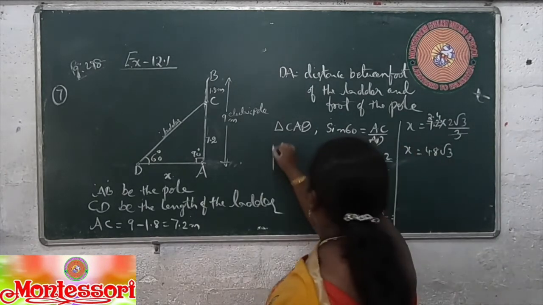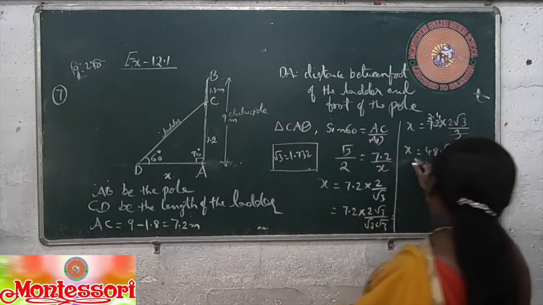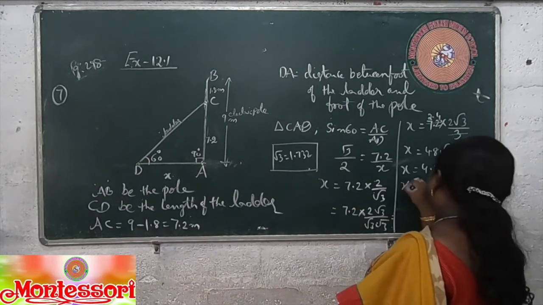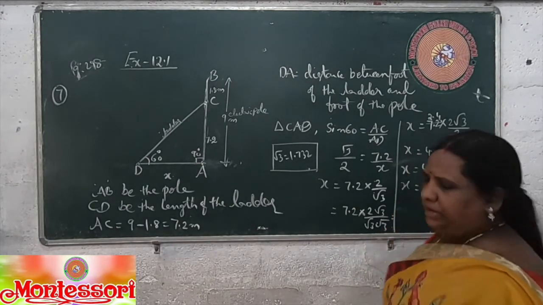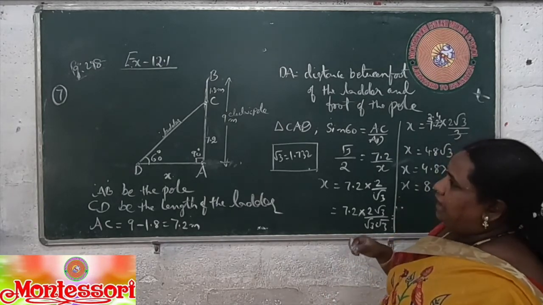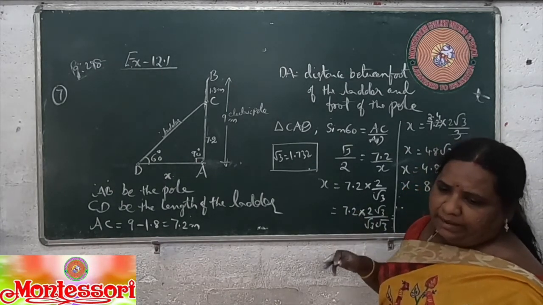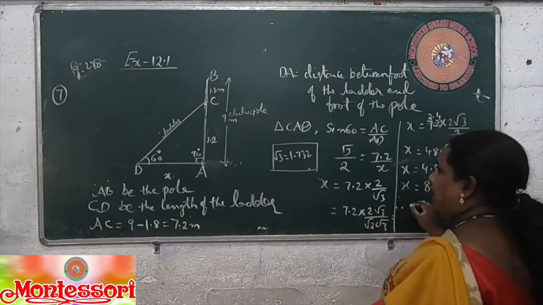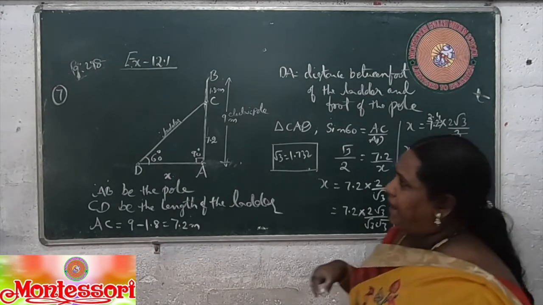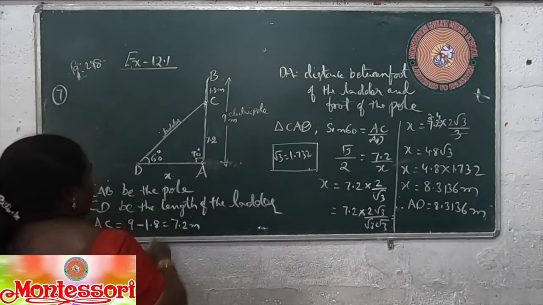As you know, the root 3 value is given in the first chapter as 1.732. If you multiply, you will get the answer. So what is x? Therefore, AD is 8.3136.